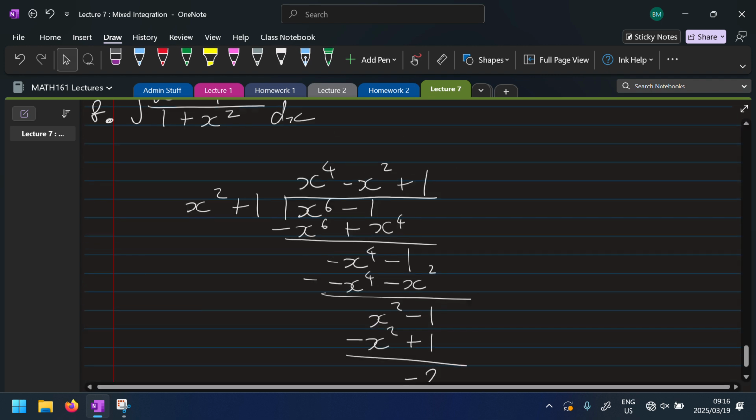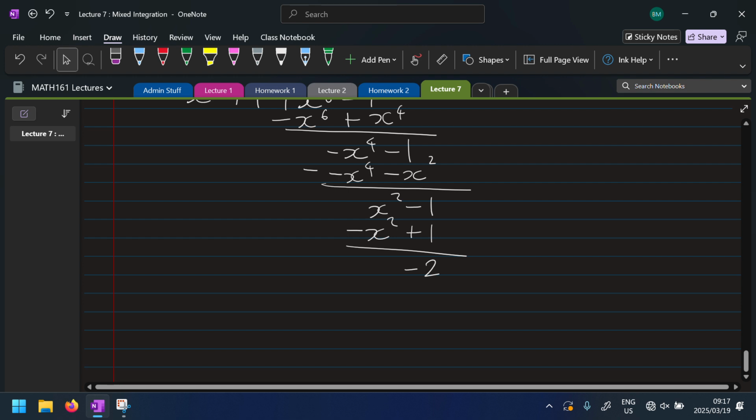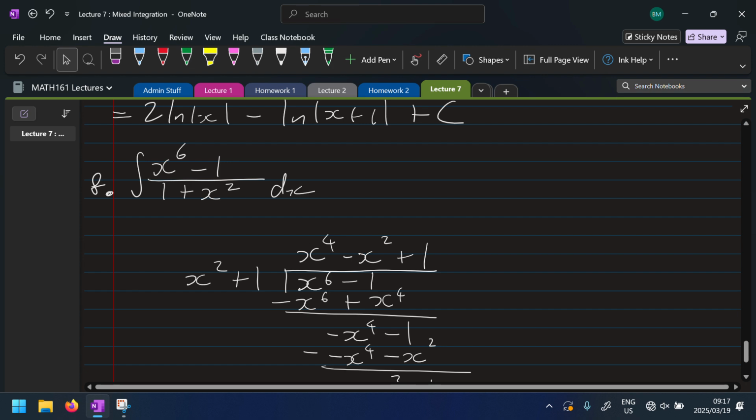So we've got the whole number part, x to the 4 minus x squared plus 1, and the remainder part of minus 2. So we have the integral of x to the 4 minus x squared plus 1 minus 2 over x squared plus 1.